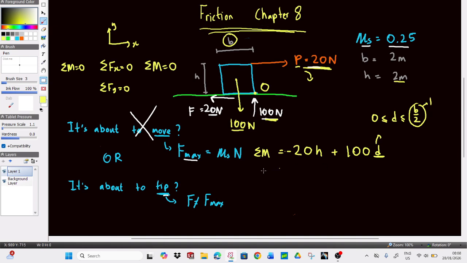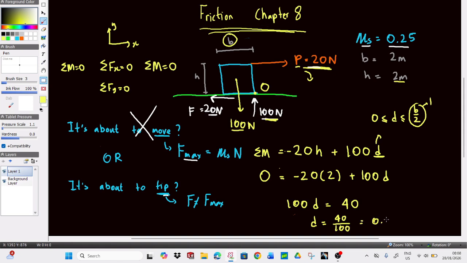So we know that our summation of moment equals 0, so it becomes negative 20 times h, which is 2 meters, plus 100 times D. So 100D equals 40. So this D is 40 divided by 100, which is 0.4 meters, which is well within the range between 0 to 1.